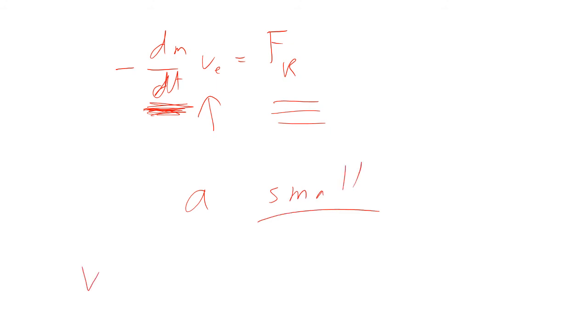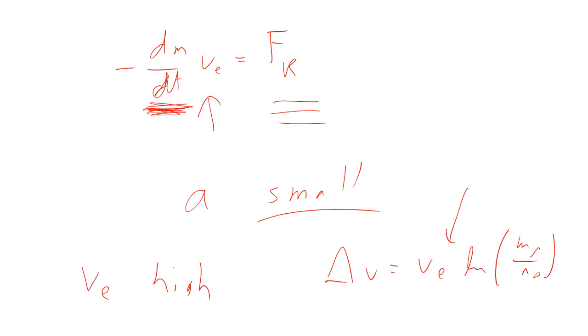However, because the exhaust velocity is very high, your delta V, which is going to be exhaust velocity times natural log of mi over mf, if this is very big, that means your delta V can be very big. So that means that even though the acceleration is tiny, your final velocity can be very high.